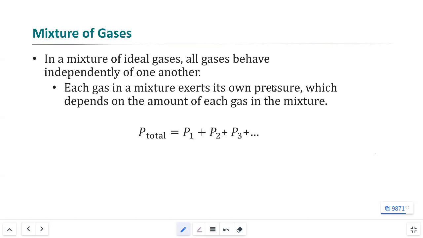And so we would measure the total pressure, but if we were able to isolate the carbon dioxide, isolate the oxygen, isolate the nitrogen, isolate all the trace amounts as well, what we would find is that their individual pressures would add up to the overall pressure that we measure. This is something known as Dalton's law of partial pressures.